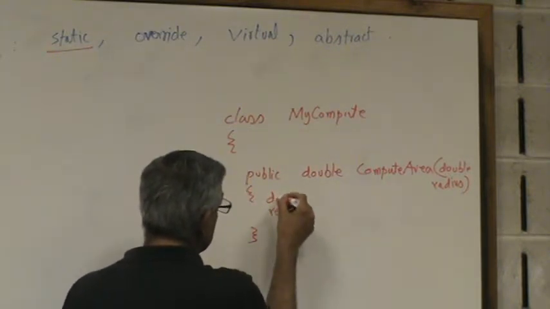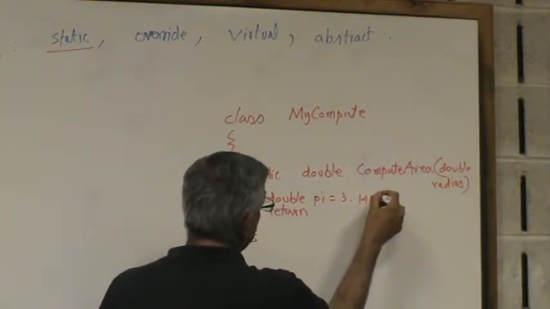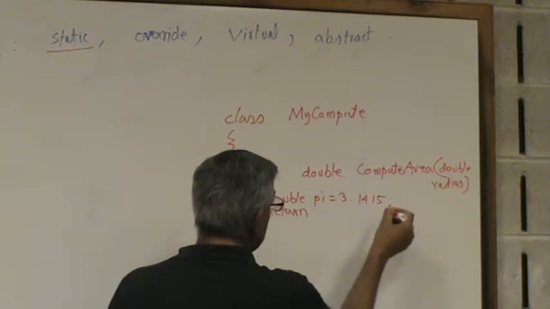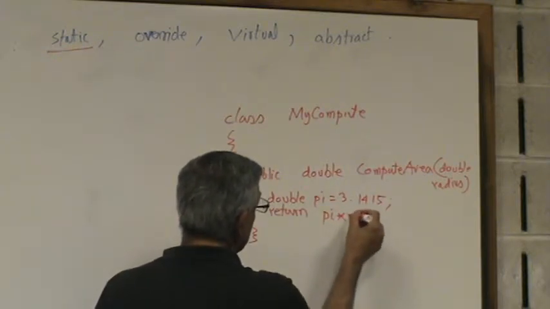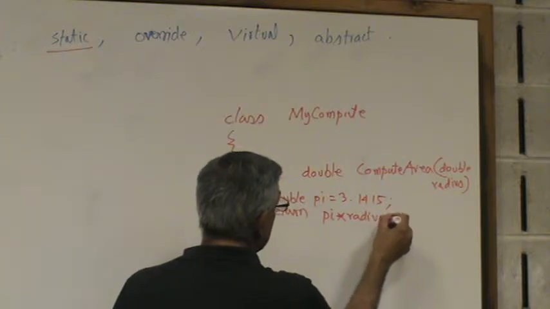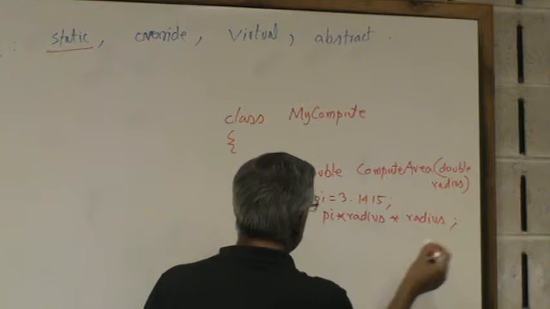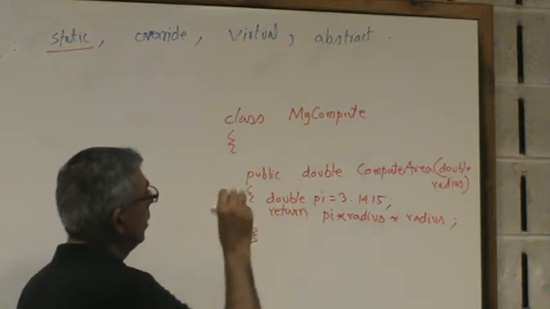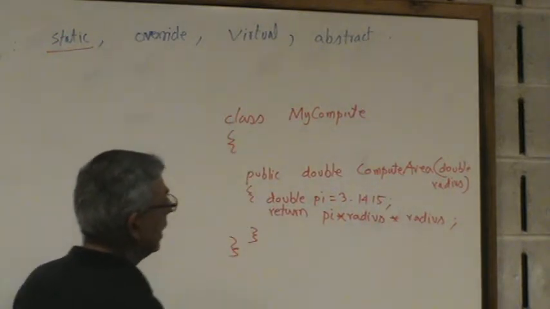Let me just say double pi equal to 3.1415, return pi times radius times radius. Correct? So let's pretend we wrote one simple class with one simple function in it. If anybody calls this, it will return the area of the circle for a given radius.